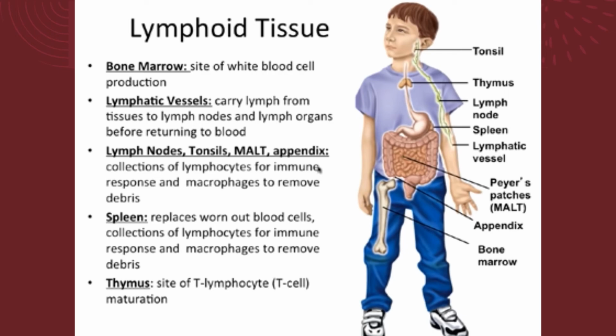Lymph nodes, tonsils, MALT, appendix: collections of lymphocytes for immune response and macrophages to remove debris. Spleen replaces worn out blood cells, with collections of lymphocytes for immune response and macrophages to remove debris. Thymus is the site of T lymphocyte maturation.